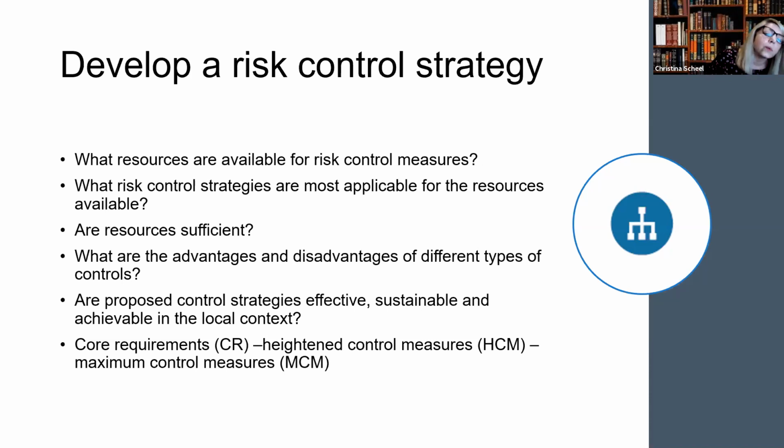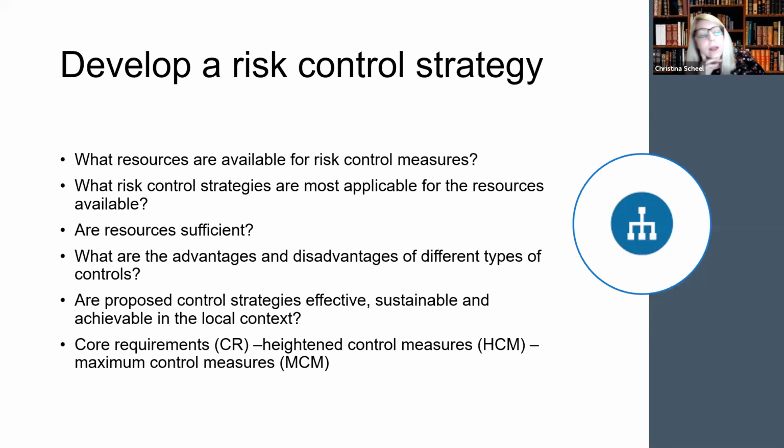You could look at it the other way. Are the resources sufficient? What are the advantages and disadvantages of different types of controls you might apply to lower risk? Are the proposed control strategies effective, sustainable, and achievable in the local context?